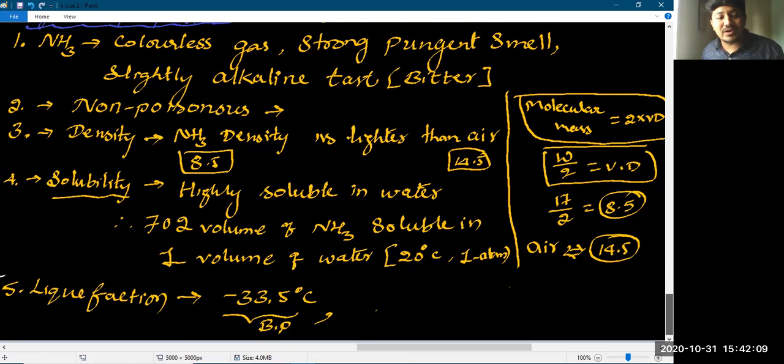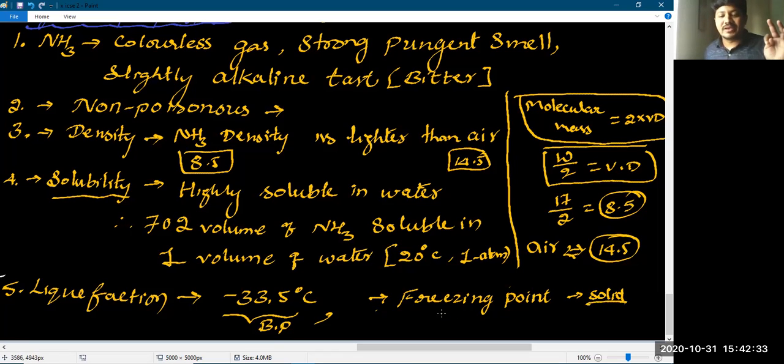Can we convert that liquefied ammonia into a solid? Yes, of course we can. The freezing point is the conversion of liquid into solid.